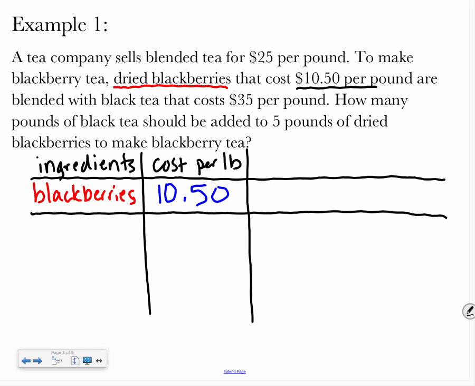We also know that the dried blackberries are blended with black tea, so that's another ingredient. So we have black tea, which costs $35 per pound.